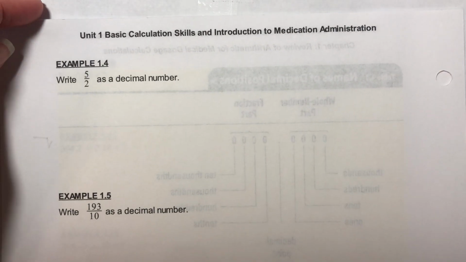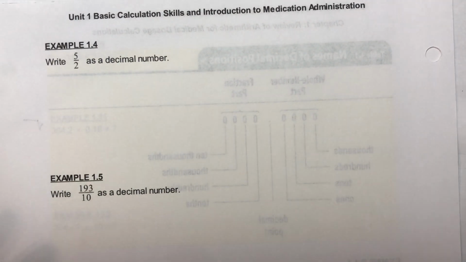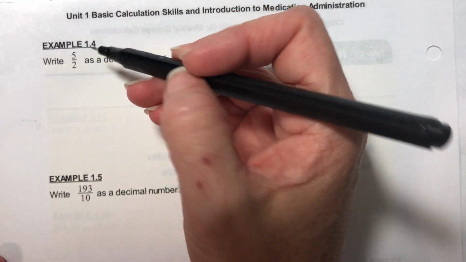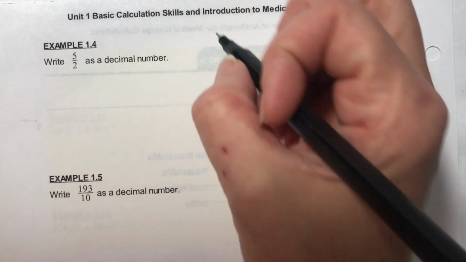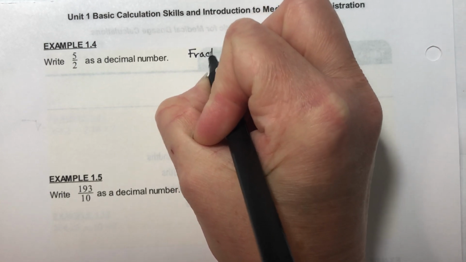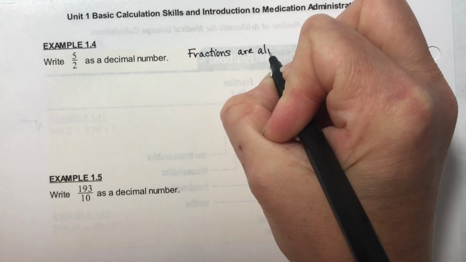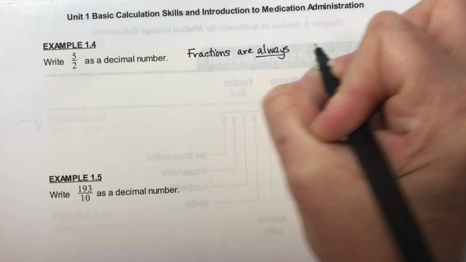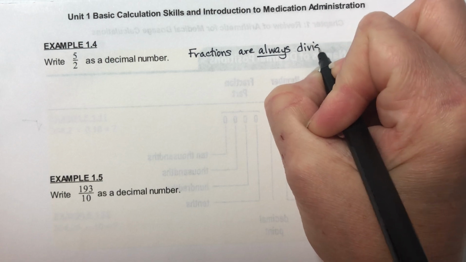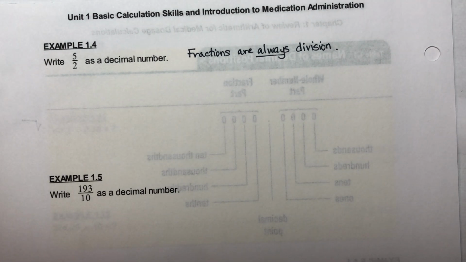Example 1.4. We want to write 5/2 as a decimal number. One thing to remember about fractions is that fractions are always division. What we call fractions are generally just divisions that don't work out perfectly for us.